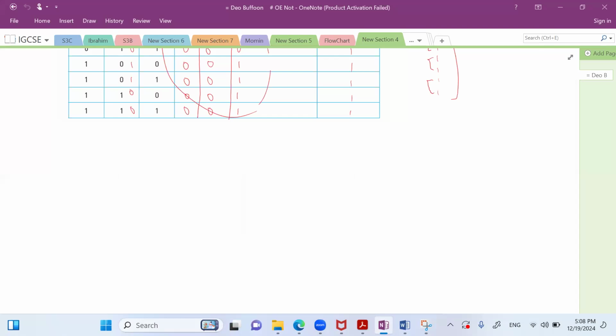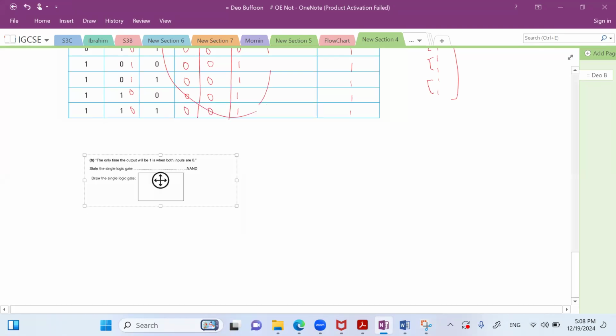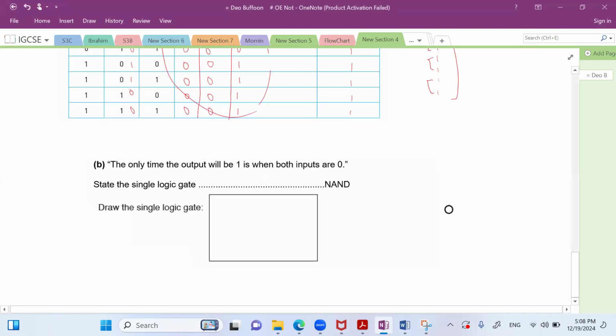Let's finalize it. Is it NOR or NAND? We have a certain situation, which is A and B with 00, 11, and 01, 01.